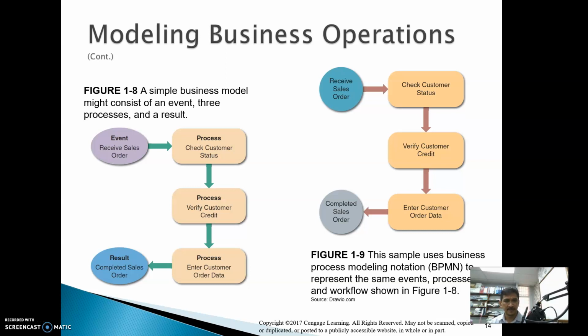Right. So the second process is to verify customer credit. We check with the bank: on this particular date, is it true that this customer has a certain amount of money? And we check the previous month and maybe one month after that, so that we are confident that this customer has strong financial backup.